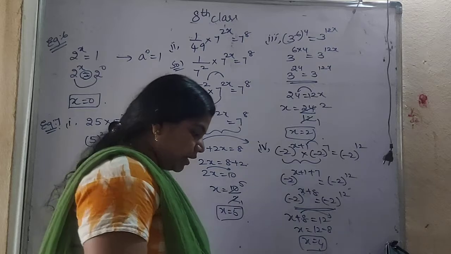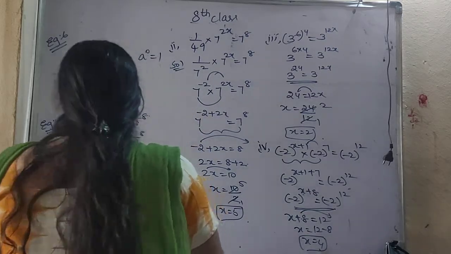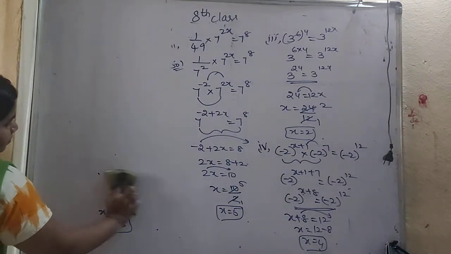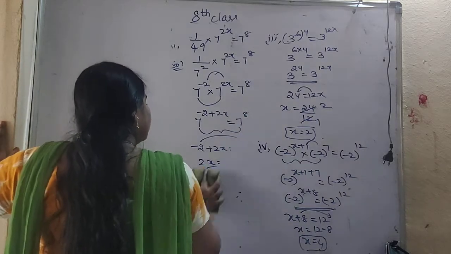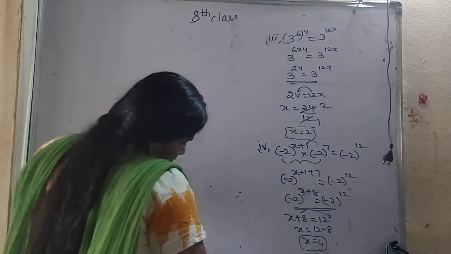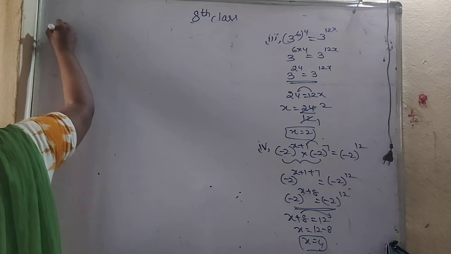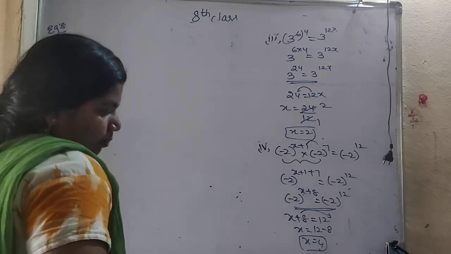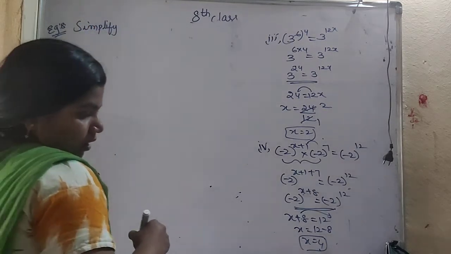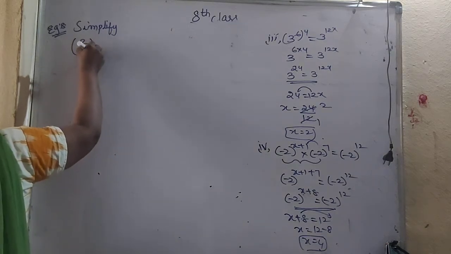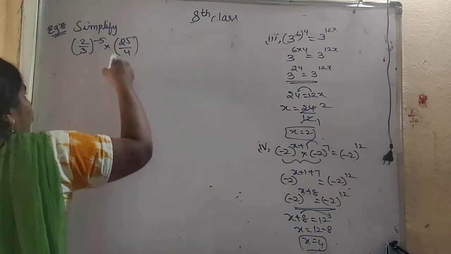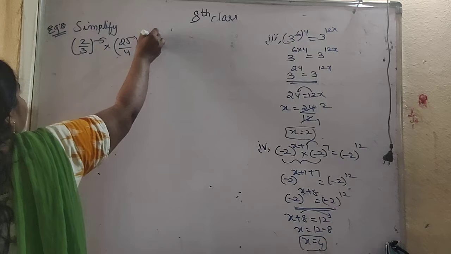Next is example number 8. Example number 8, simplify 2 by 5 whole power minus 3 into 25 by 4 whole power minus 2.